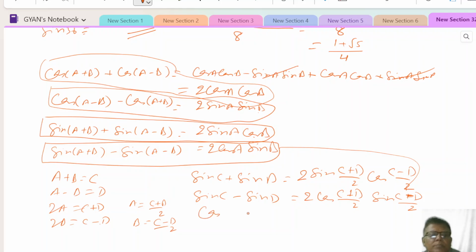And cos c plus cos d is equal to 2 cos c plus d by 2 into cos c minus d by 2.